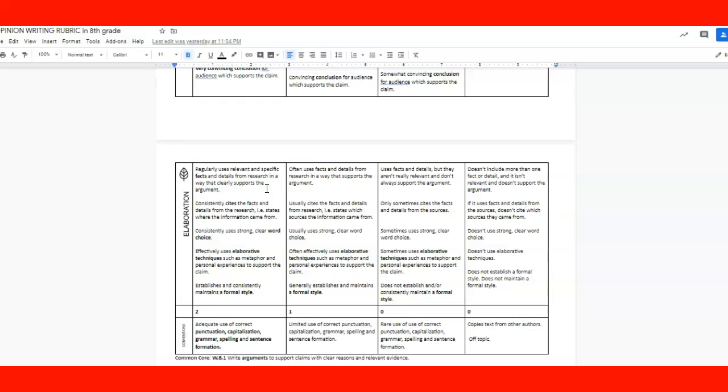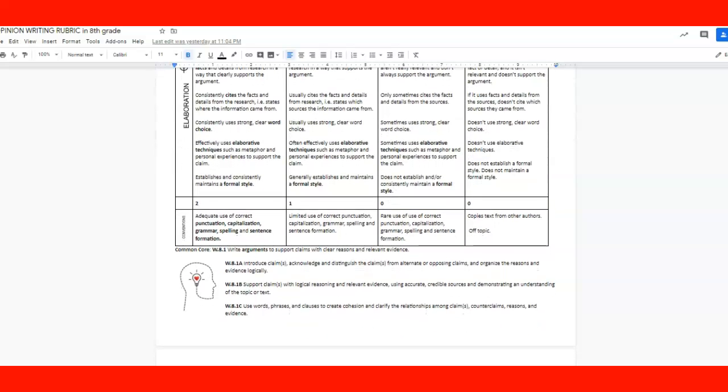That is where, again, you can earn a 4, a 3, a 2, or a 1. And then lastly, because we are grading you both in English and history, we want to make sure that you are writing at an 8th grade level. So we will be checking on punctuation, capitalization, your spelling, that your sentences are complete. And that actually goes from a 2, 1, 0, 0. So this is the rubric.